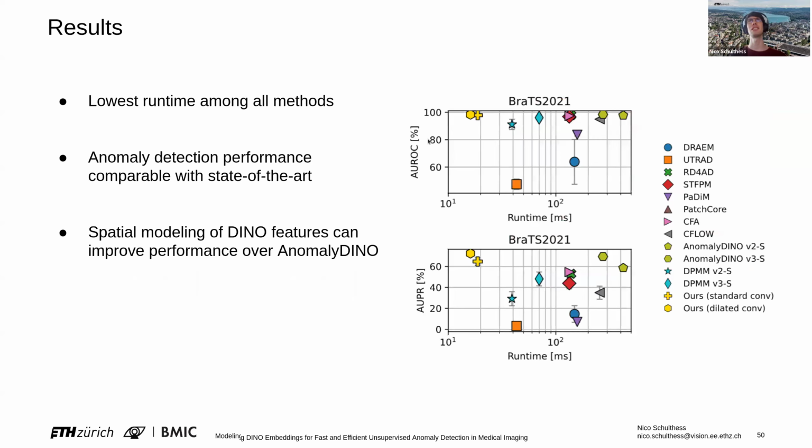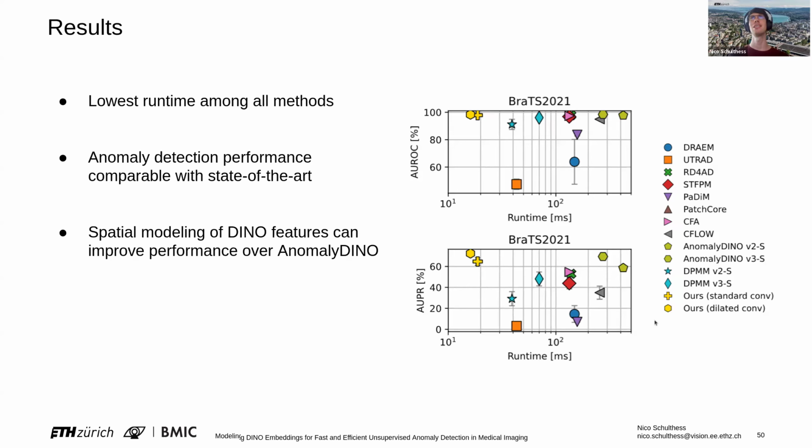Now, when we look at the results, we can see that our method, here shown in yellow, runs very, very quickly, even quicker than the directly processed mixture model we ran before. And the performance is also more or less on par with state-of-the-art methods, at least for the brain dataset.